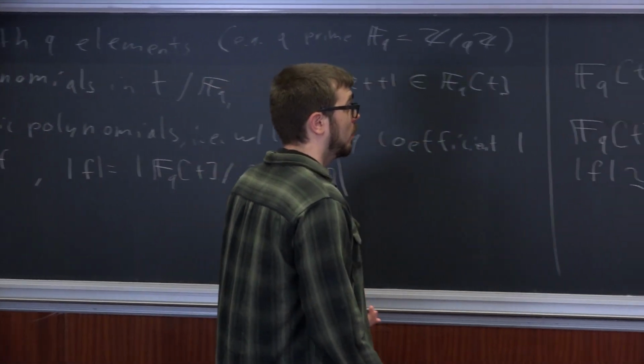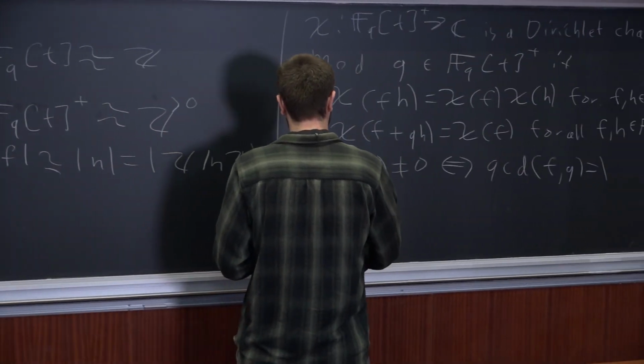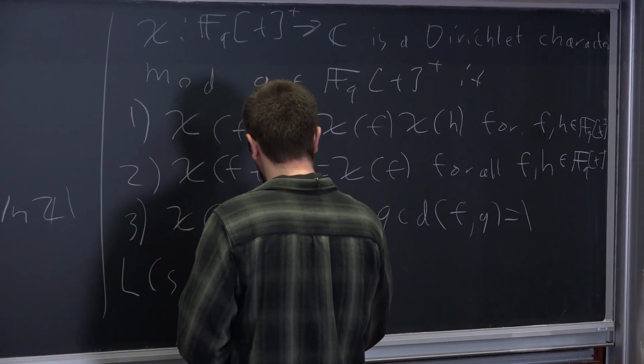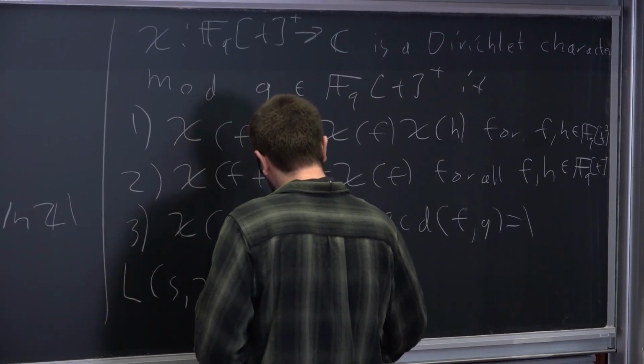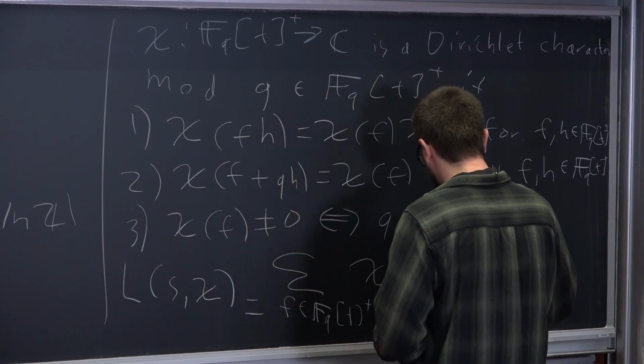And then, with the definition of a Dirichlet character, we define the Dirichlet L function the same way. L(s, chi) is equal to the sum over f monic polynomials, chi of f, absolute value of f to the minus s.